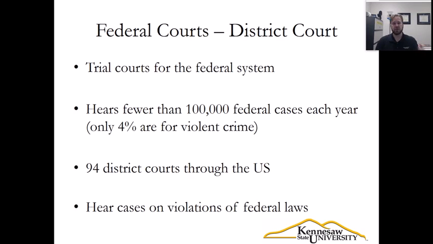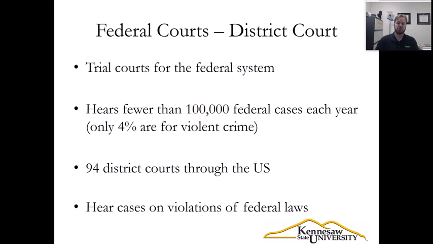So they hear fewer than 100,000 federal cases. Only about 4% of them are for violent crimes, and this is usually a case where someone has killed someone on federal property, or a violent crime occurred on federal property, because a lot of this stuff is going to be handled at the state level.